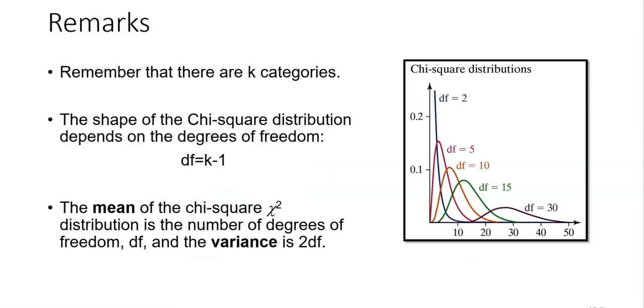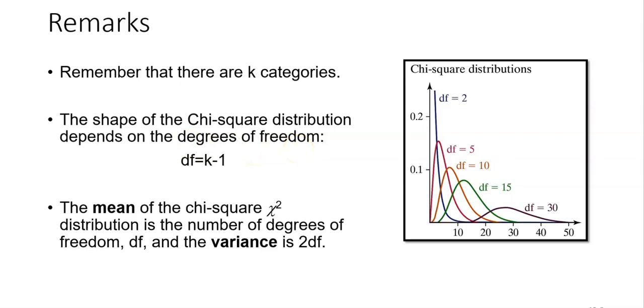This chi-square statistic follows chi-square distribution. Remember that we have k categories, and as with the t-distribution, the shape of the chi-square distribution depends on the degrees of freedom.